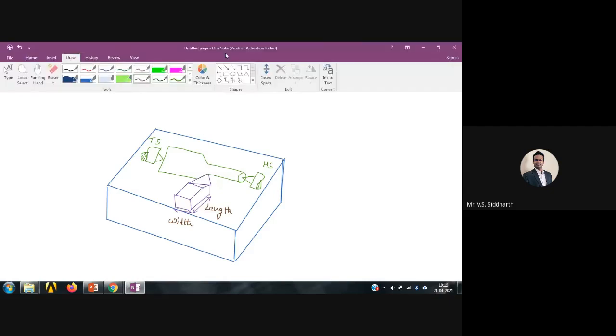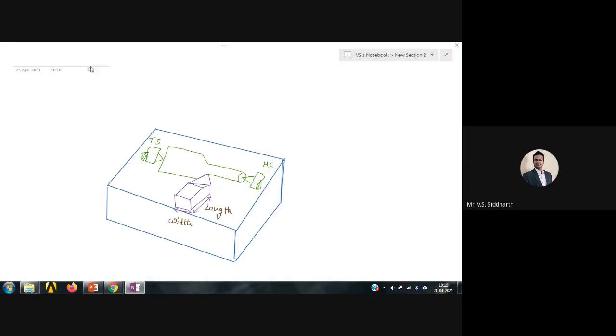And the table on which the tool or the workpiece is kept, I'm calling it the table of the machine. So this is what?